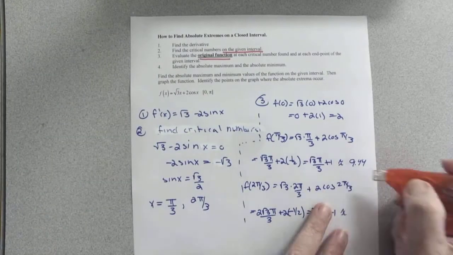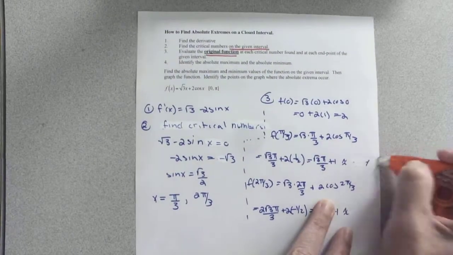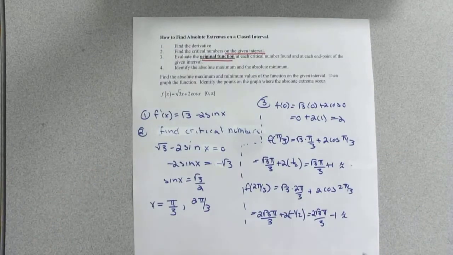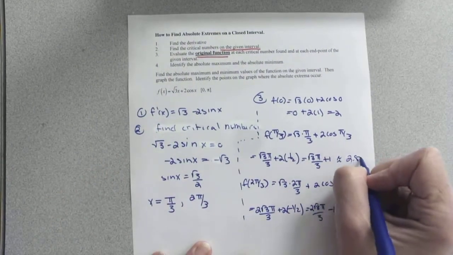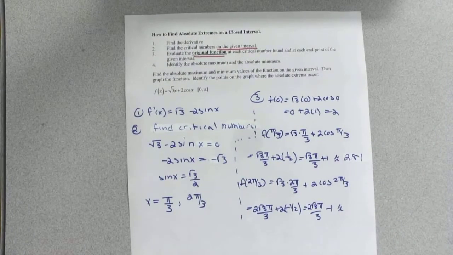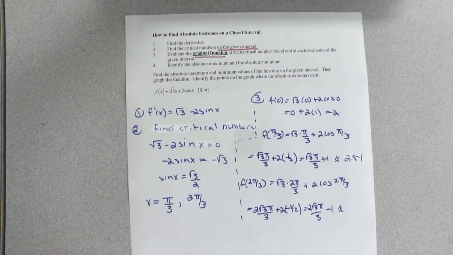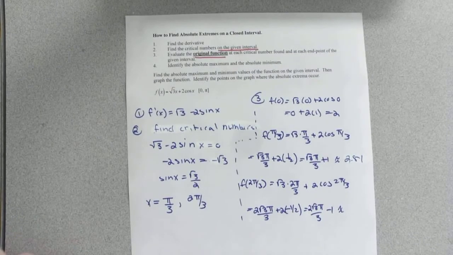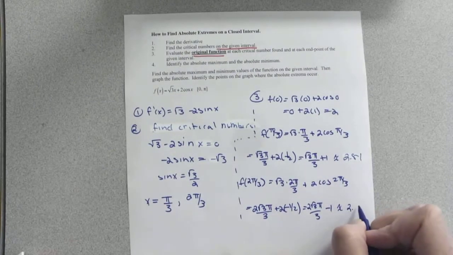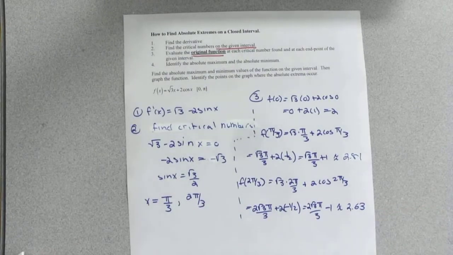This is not 9.44. This is 2.81, roughly. And so this one here, 2 square root of 3 pi divided by 3 minus 1, if I type that all right, comes out to be roughly 2.63.